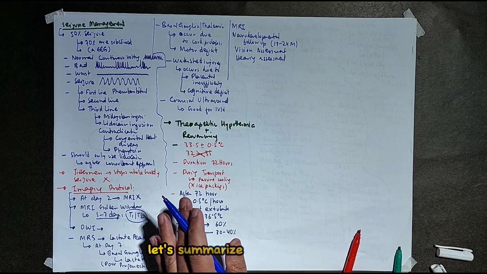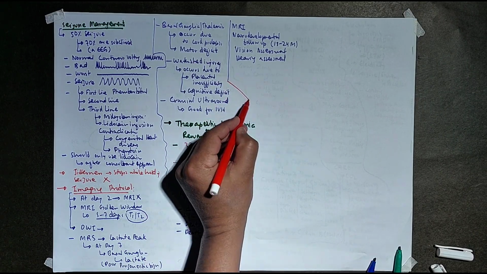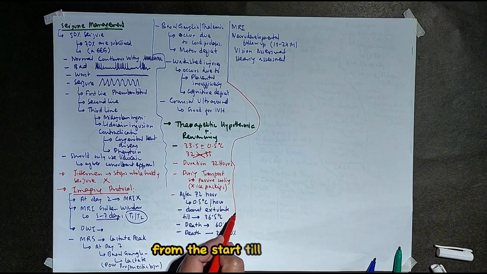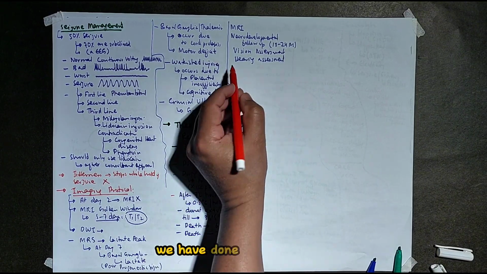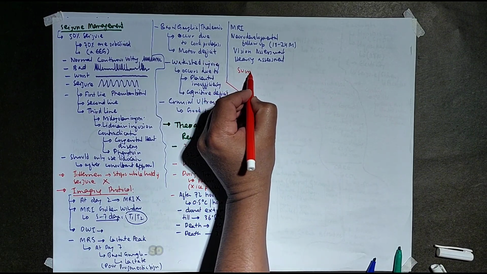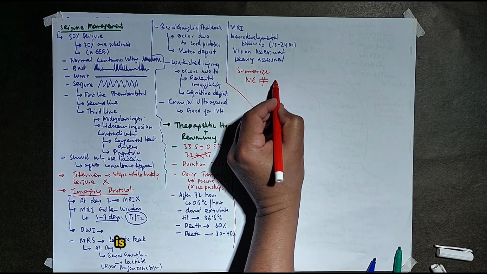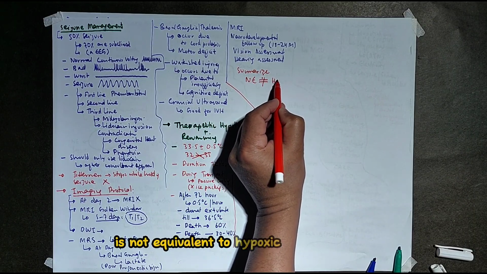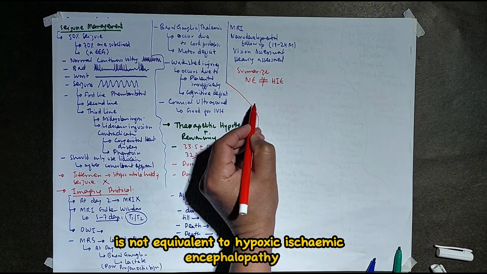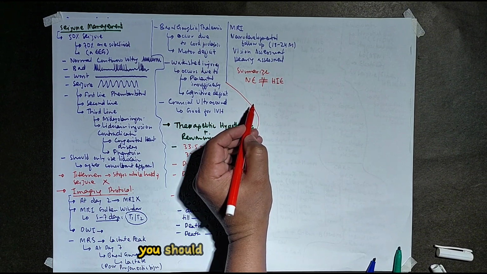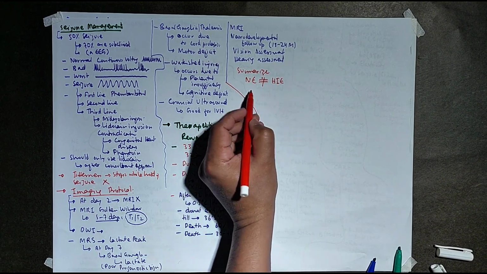Let's summarize this lecture. From the start till the end, we have done a few things. So to summarize, remember, neonatal encephalopathy is not equivalent to hypoxic-ischemic encephalopathy. You should rule out the mimics.